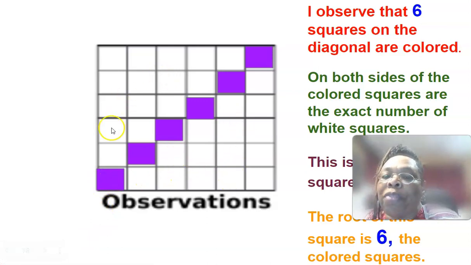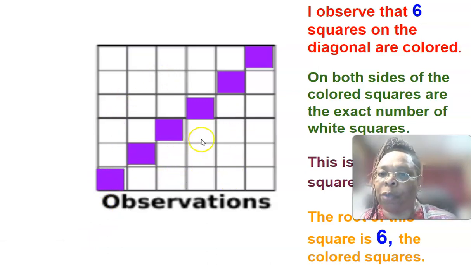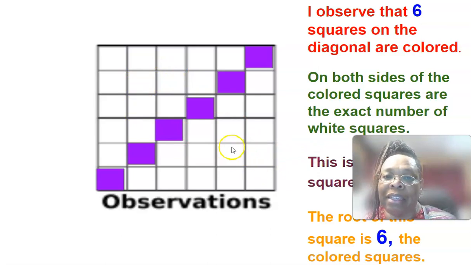Now, look at this picture. What do you observe? I observe that there are 6 squares diagonally running up the center. I observe that on both sides, they're the exact number of squares. This is what a perfect square is.